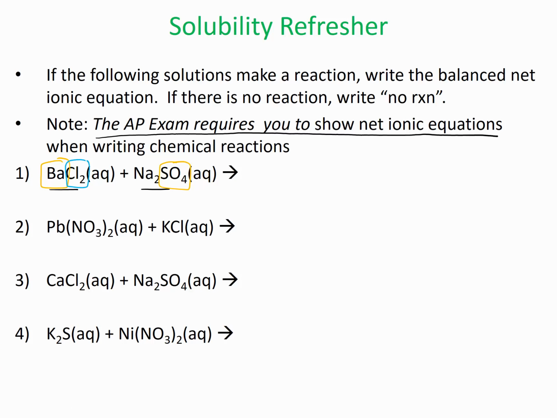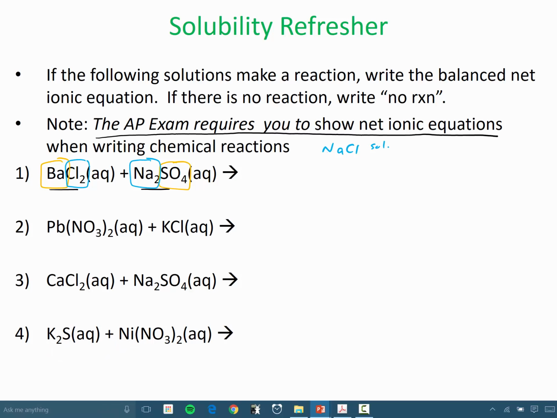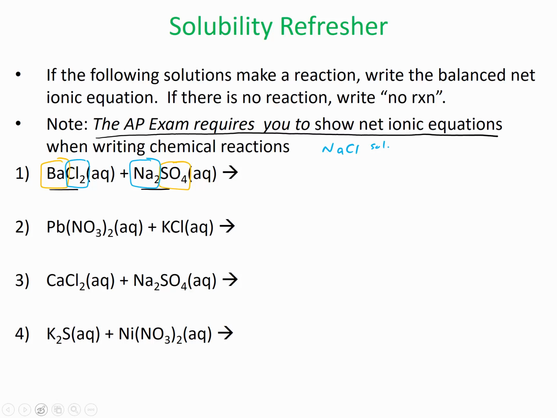So NaCl, if that came together, would be soluble, whereas the other possibility is considered insoluble, so we'll write that reaction. This is one of the exceptions. So it's BaSO4.